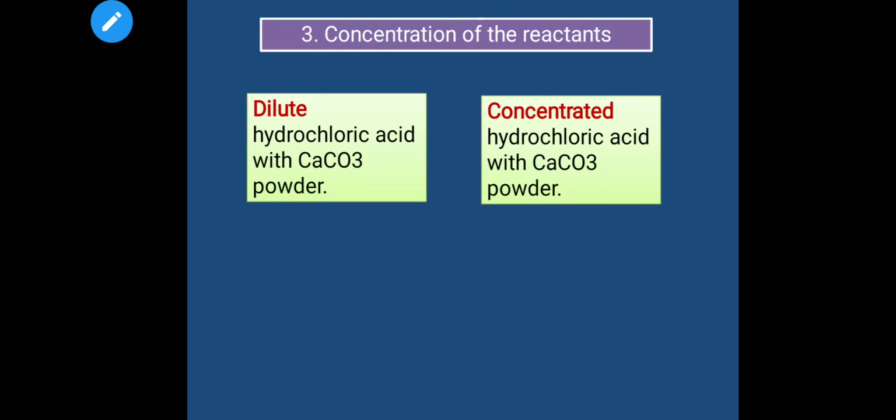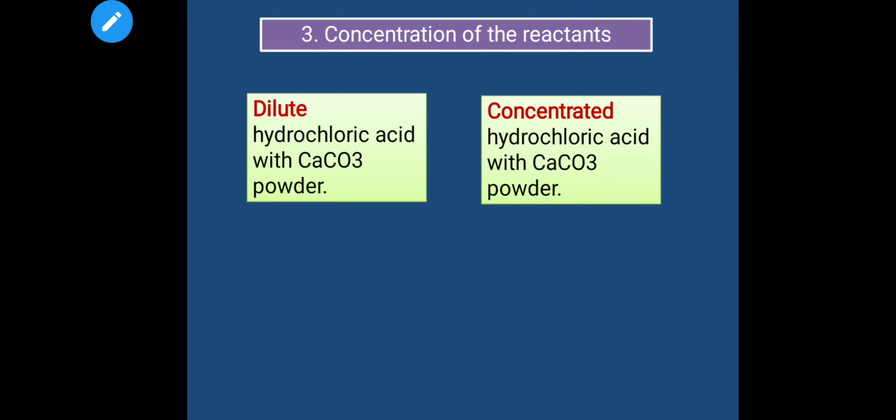Dilute HCl reacts with calcium carbonate powder. The dilute HCl reacts slowly with calcium carbonate and thereby calcium carbonate disappears slowly and carbon dioxide liberates slowly.